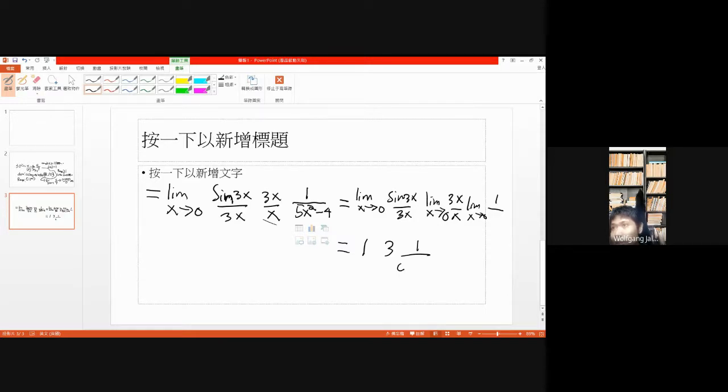Yes. So it is 5x squared minus 4. So it is 0 minus 4. So it becomes minus 3 over 4. So yeah, this is the answer. I think it's quite clear, right?